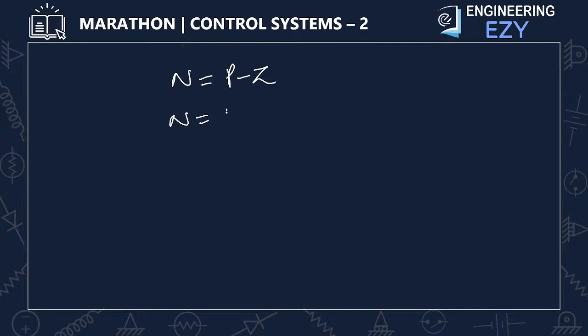So what is P? P is 1, as one open loop pole lies in the right half of the S plane. Z is 0, as no closed loop pole lies in the right half of the S plane. So the number of encirclements is 1. If N is equal to 1, it is anti-clockwise.